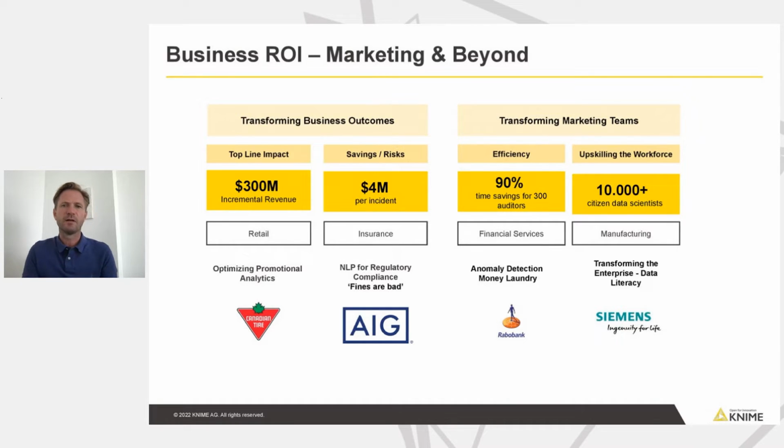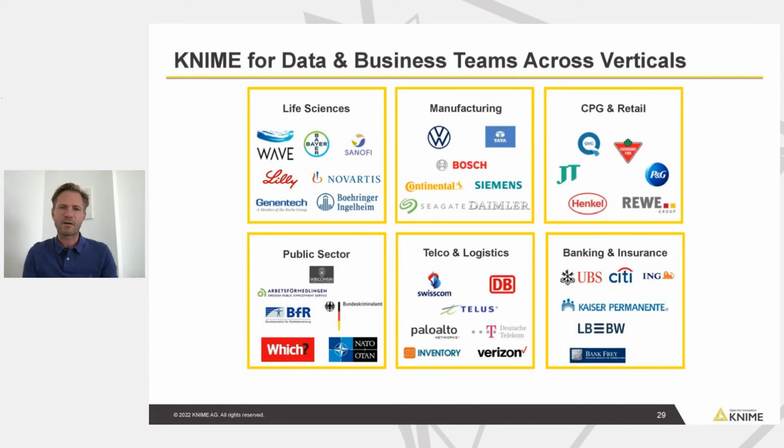Or one example I'll leave you with is Siemens, where more than 10,000 so-called citizen data scientists and business analysts are using Knime to upskill their workforce so that they are prepared for the future. This does not stop with these 4 examples. We have hundreds of customers, and they come from different verticals and different lines of business.